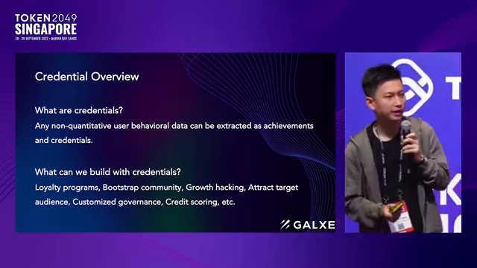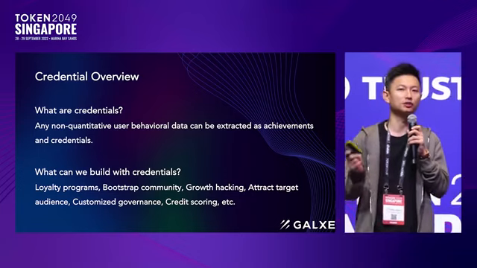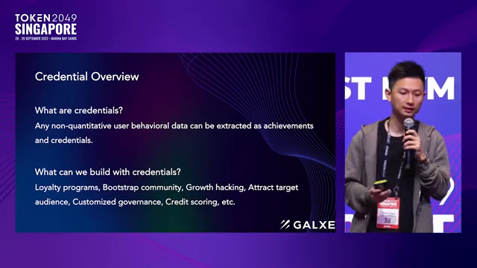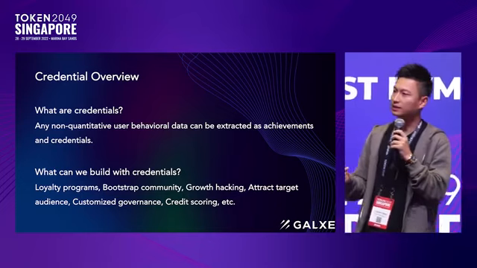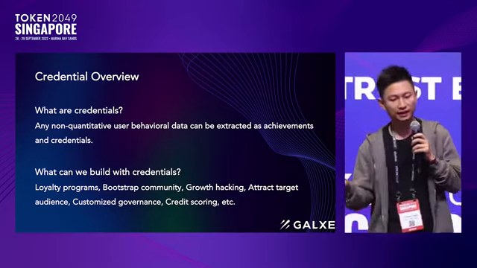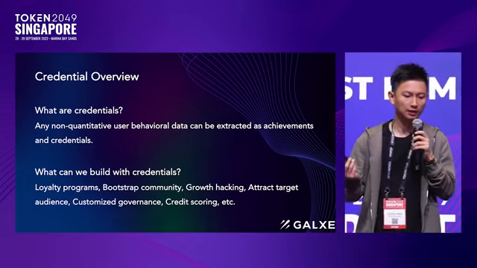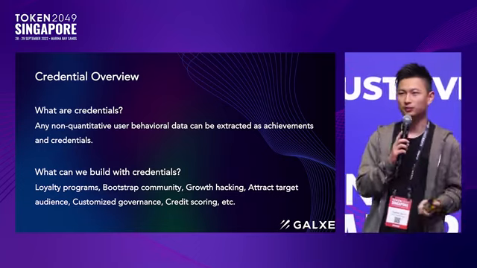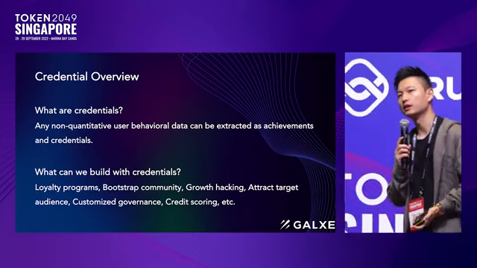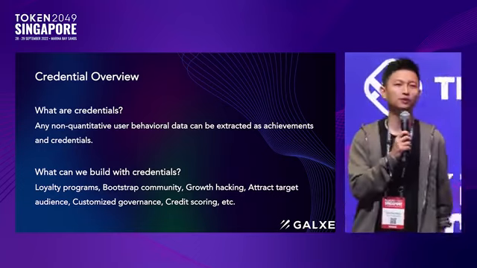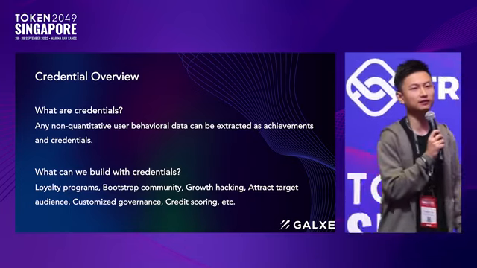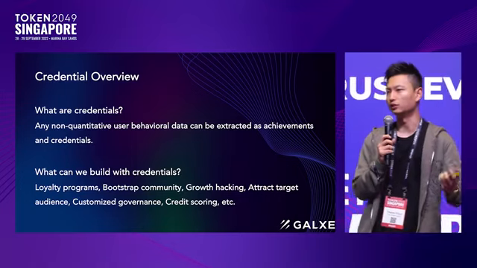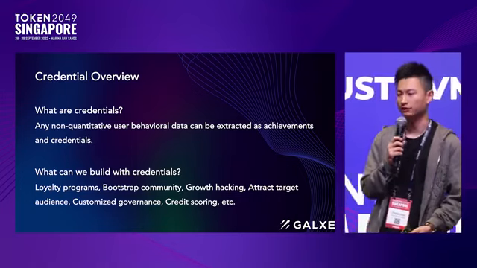You can also use it to bootstrap your community, target an audience and do user acquisition. The other thing is growth hacking, like I mentioned, and also customized governance. A lot of people have brought up this topic because right now the only way to participate in governance is to hold a lot of your governance token.